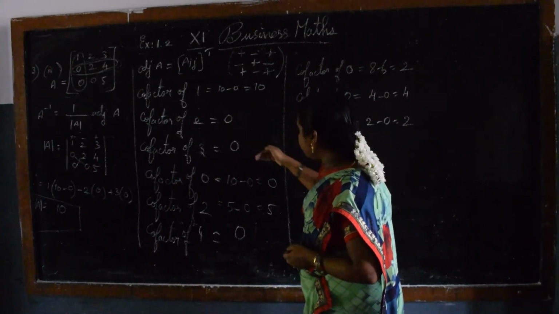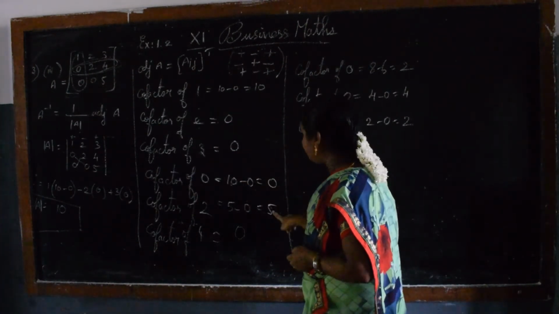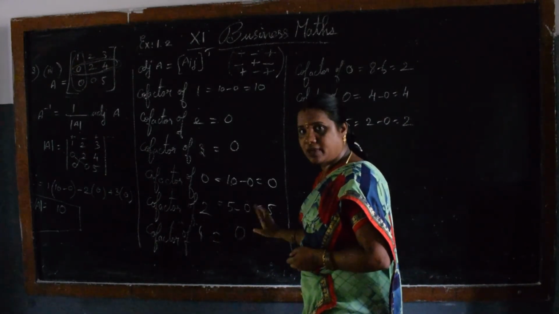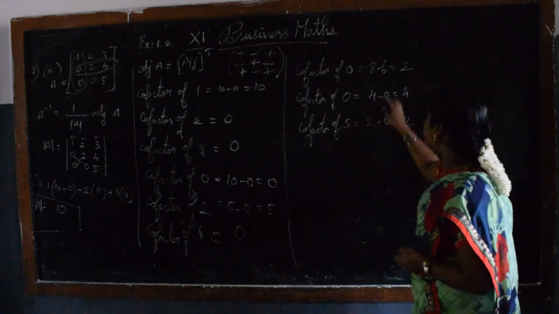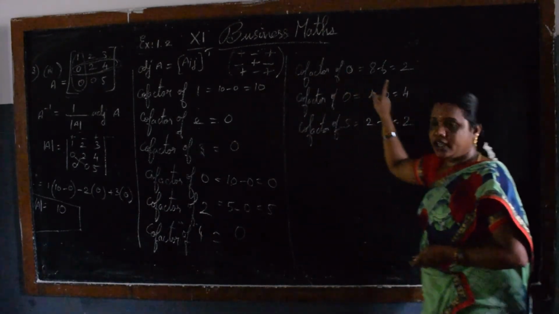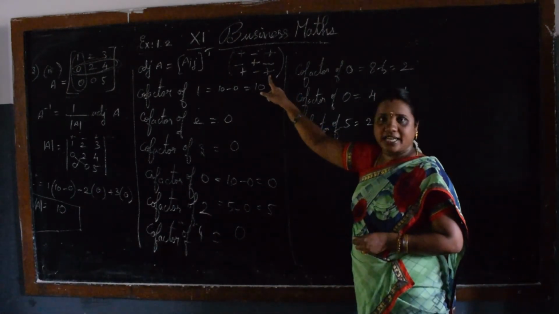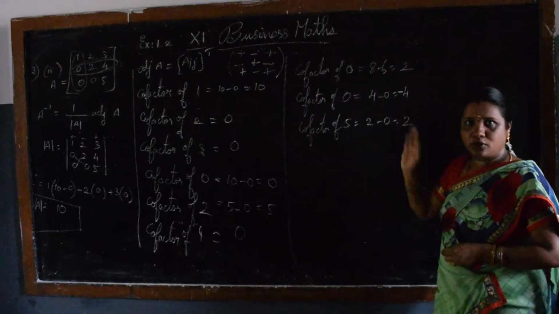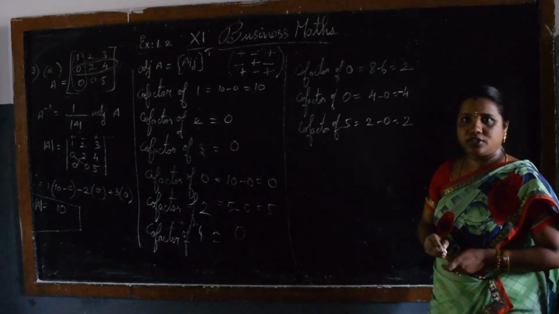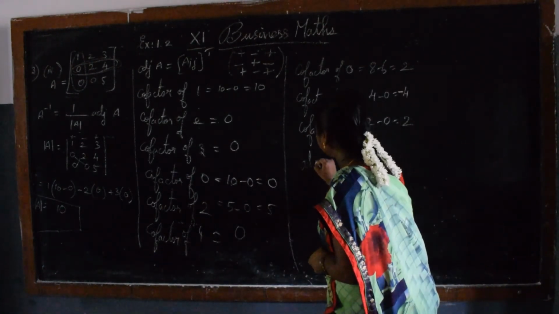Next, the sign is minus, and the second element here is 0, so the sign changes. What is the third element's sign? Plus. Already plus, so no need to change. Have you understood children?